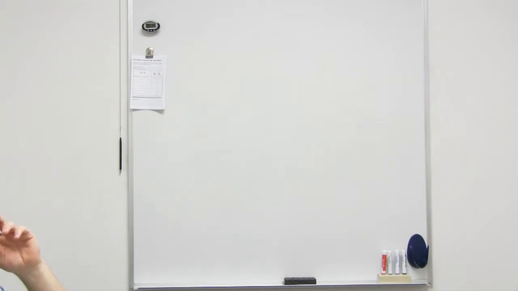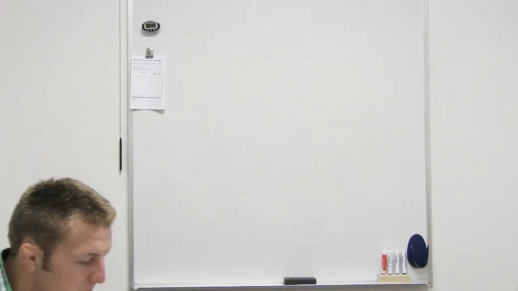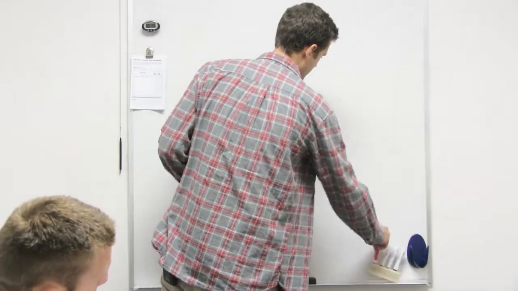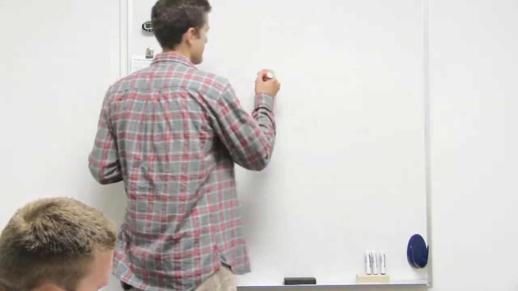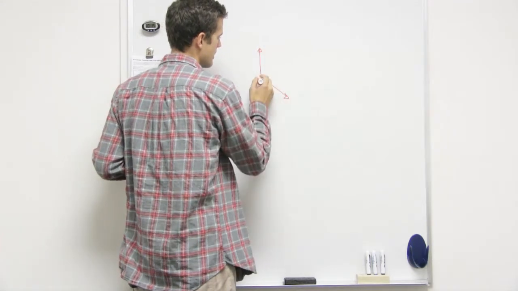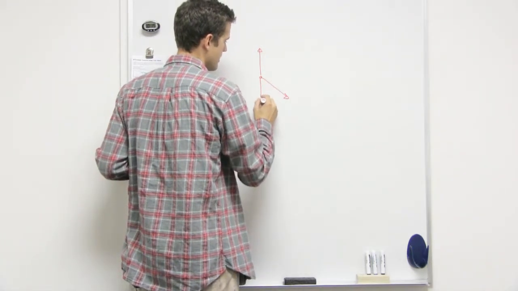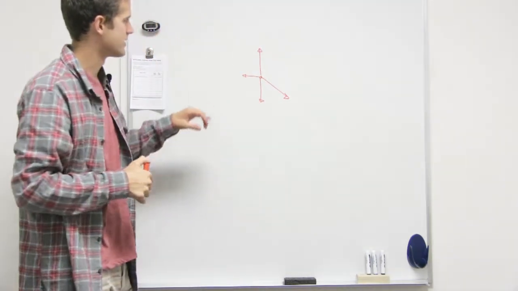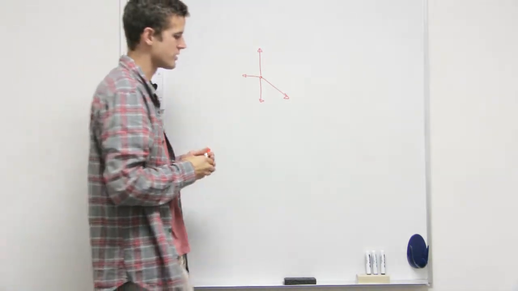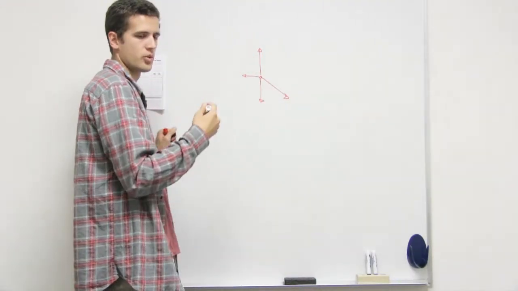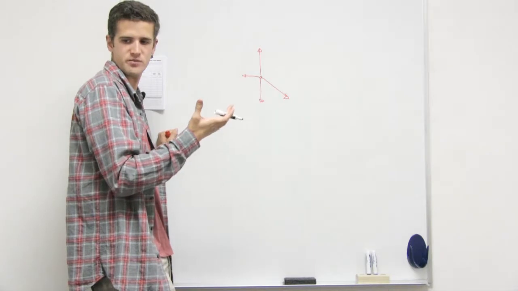So basically what you do, if you've got whatever your free body diagram is, you just look at your forces. What you try to do is put one of your axes along the direction of motion.